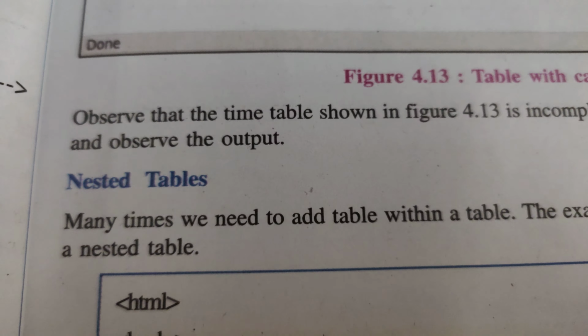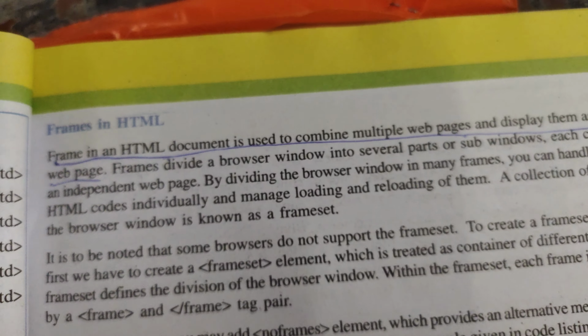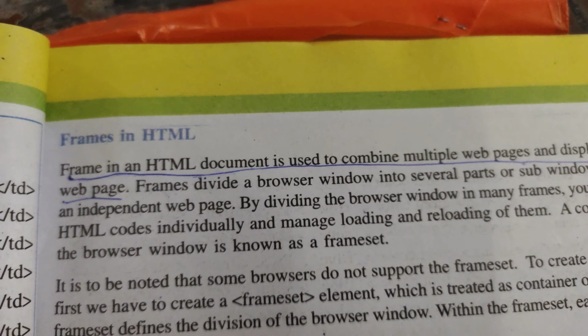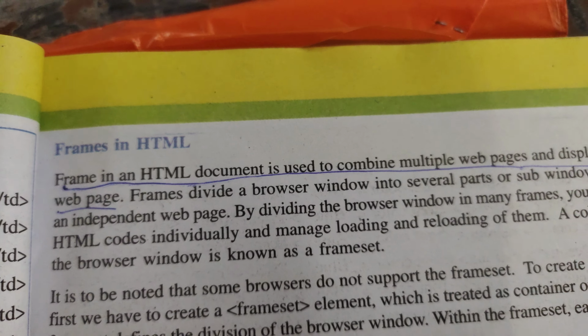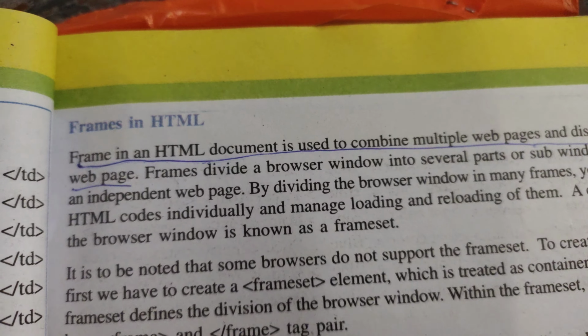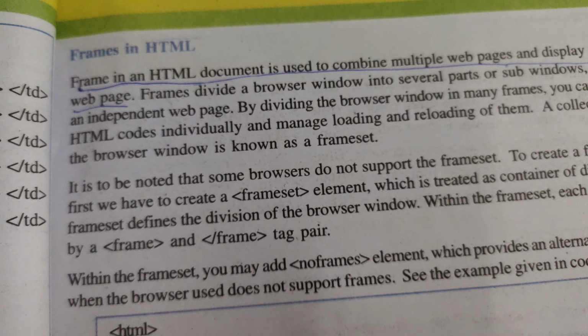Frames in HTML. Frames in an HTML document are used to combine multiple web pages and display them as a single web page. As we added tables in nested tables, adding web pages in a single web page is frames. Frames divide a browser window into several parts or sub windows, each acting as an independent web page.